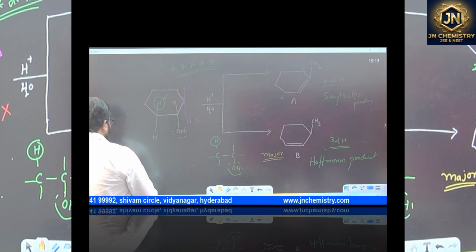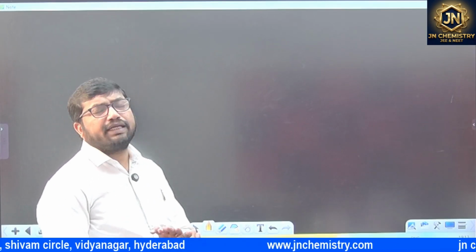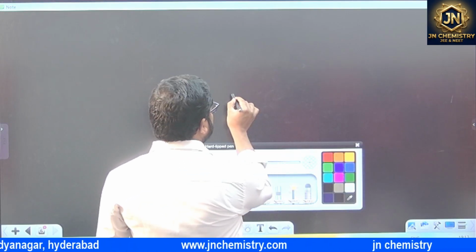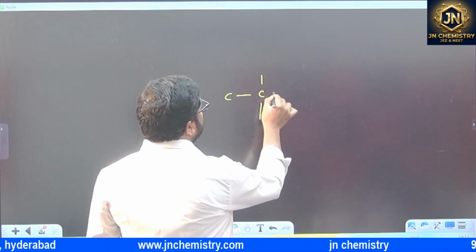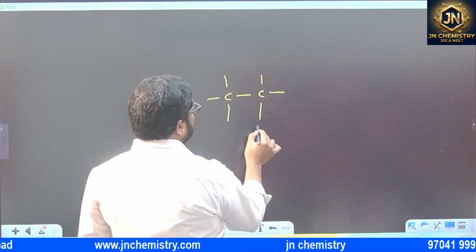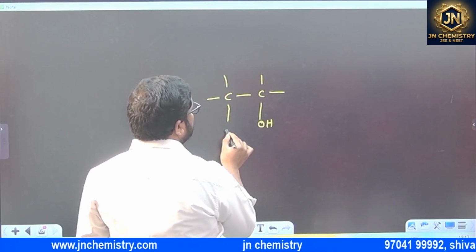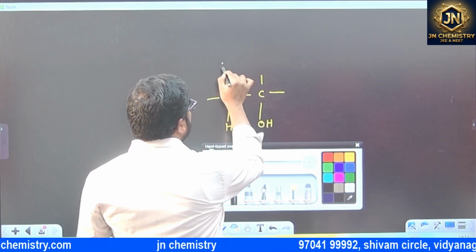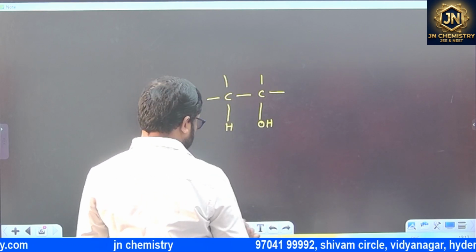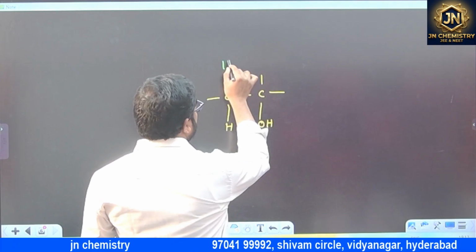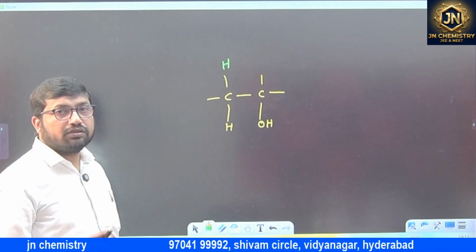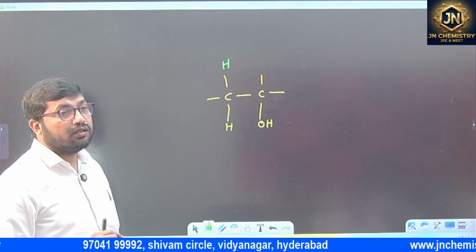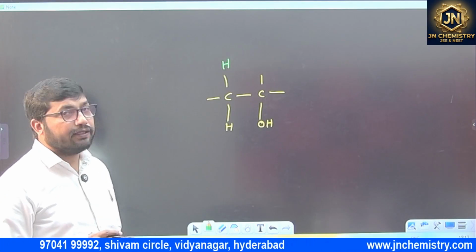Whenever elimination, beta elimination, is done, the anti arrangement should be present. For example, with the OH and H, which H should we remove, the down one or the green one?